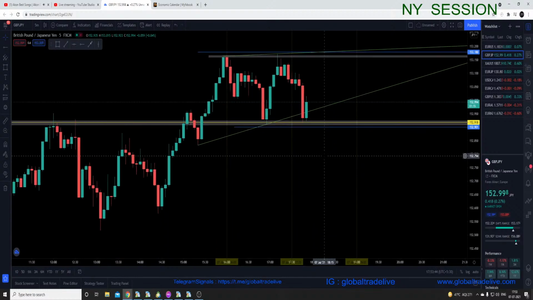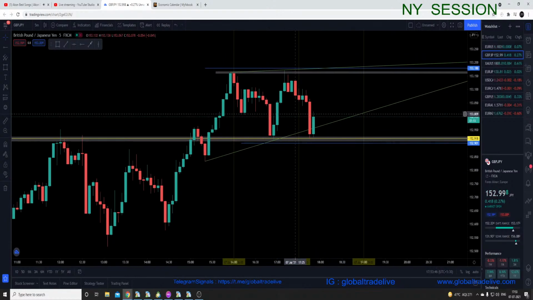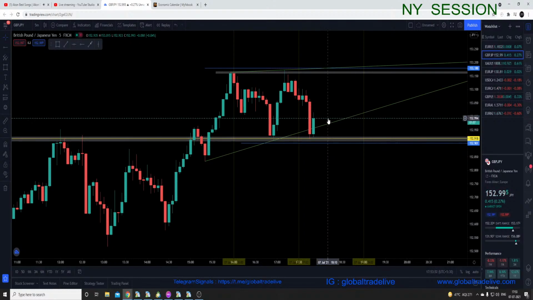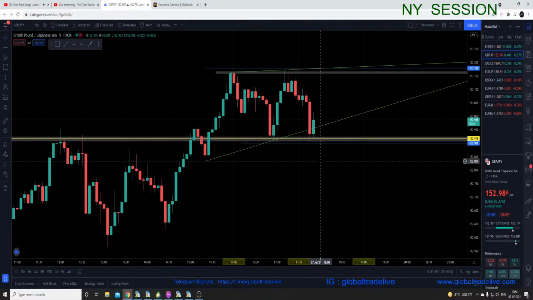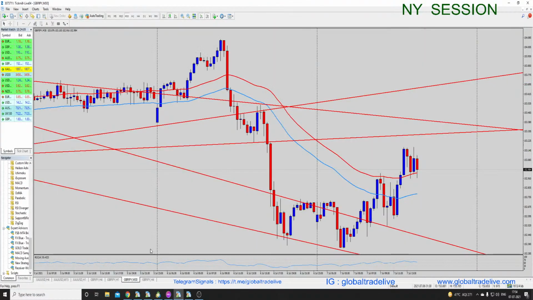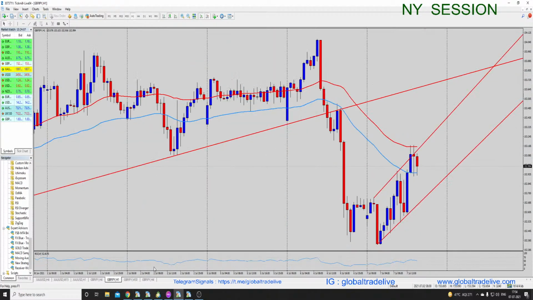Now we just need to see whether the price will be going up or whether the price will be breaking this low and this price over here, because now we got only 7 minutes left for the 30-minute candle to close, and let's see how that will be closing.